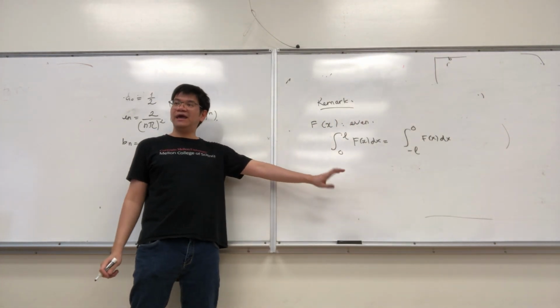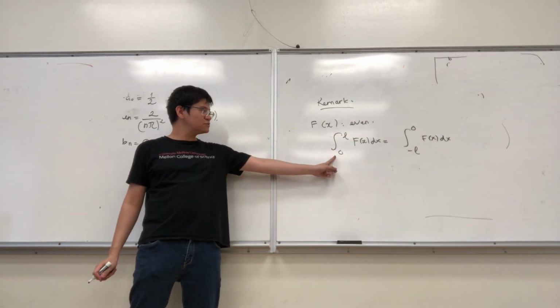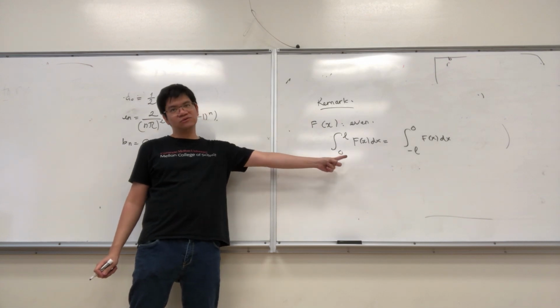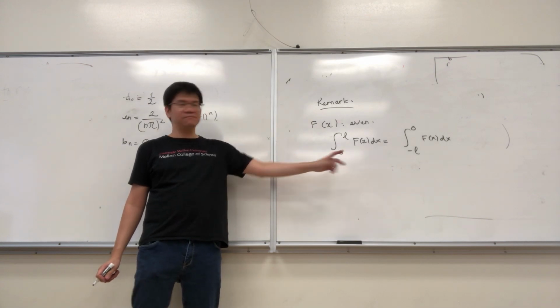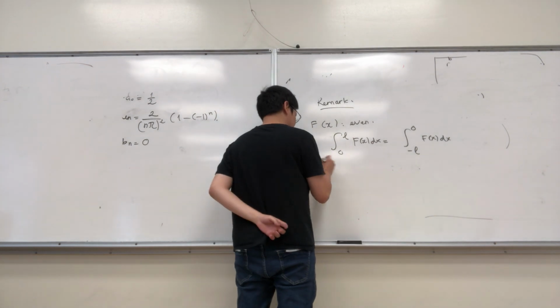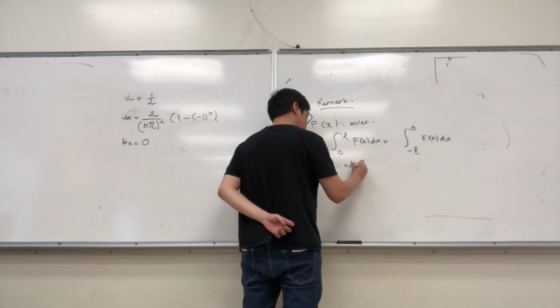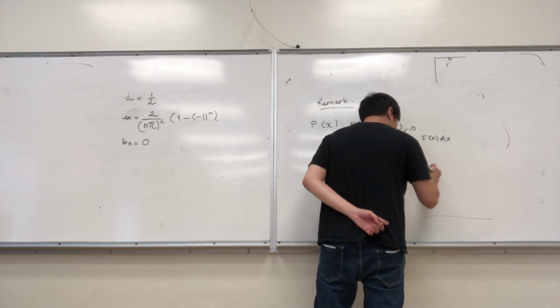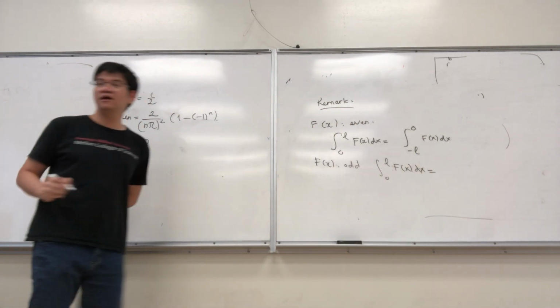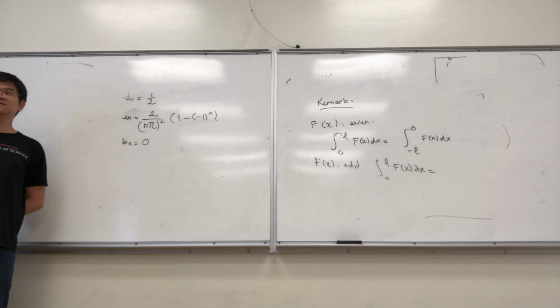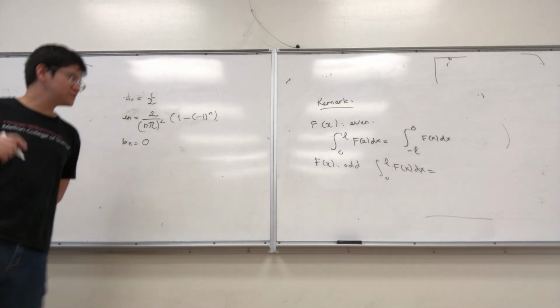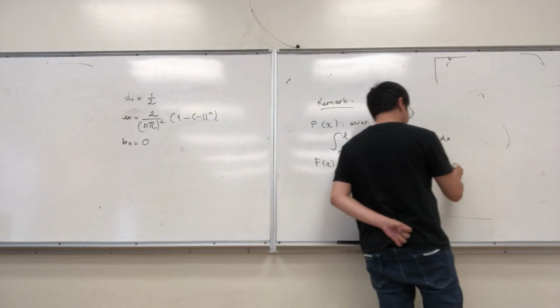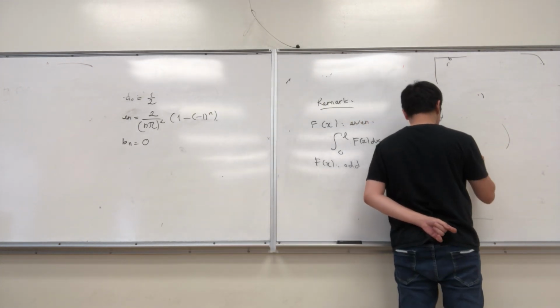So if f is an even function, then the integral from 0 to L and the integral from -L to 0 are the same. So if f(x) is odd, and I know the integral from 0 to L, what can I say about the other one? It's equal to the negative. Yes, perfect. So this is going to be the negative of the other one.